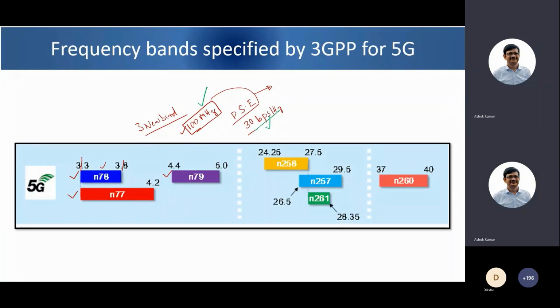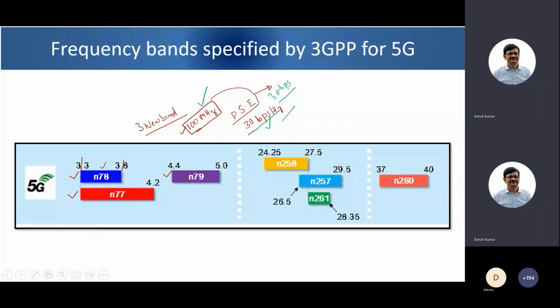So how much peak data rate will our operators be able to achieve? If you multiply this, you'll get 3 Gbps, and that's the peak speed. That's why, if you have a 5G connection and do a speed test today, in so many places we are getting 400, 500 Mbps, which is good.